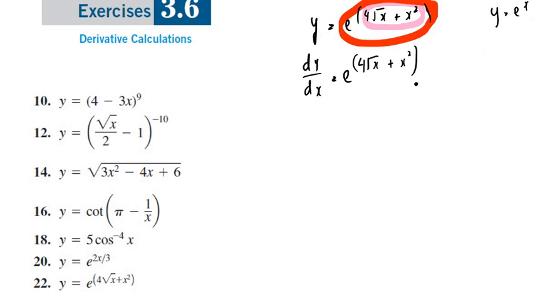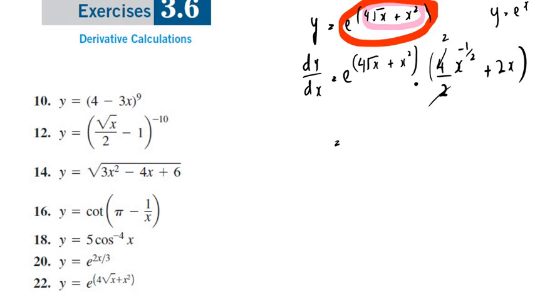So here the baby function is this part. The parent function includes the baby function, and it's e to the power baby function. So dy over dx: when you differentiate e to the power, for example, if y is equal to e to the power x, dy over dx is equal to e to the power x.